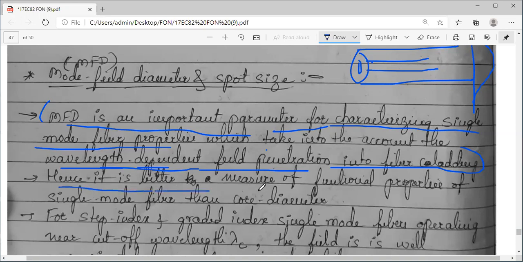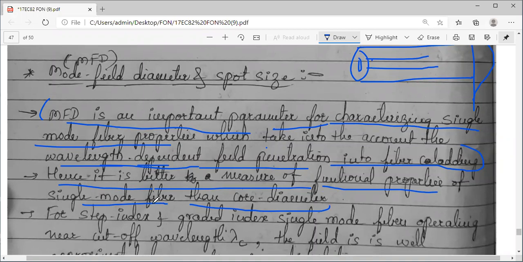Hence, this MFD is a better measure of the functional properties of single mode fiber than the core diameter. When we talk about the core diameter, obviously when it comes to field, it is not totally only in the core, some part has also gone into the cladding. And as modes increase, higher order modes as we come across, this cladding penetration will go on increasing.